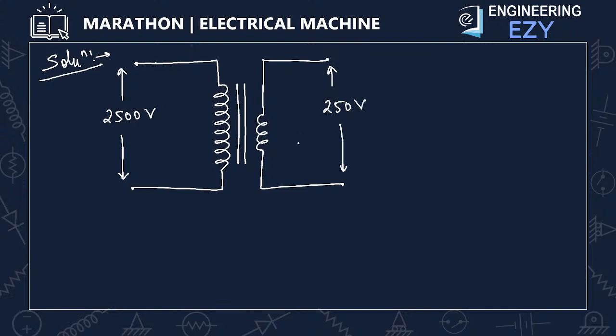And since it is a 25 kVA transformer, the primary current is 10 ampere and the secondary current is 100 ampere.